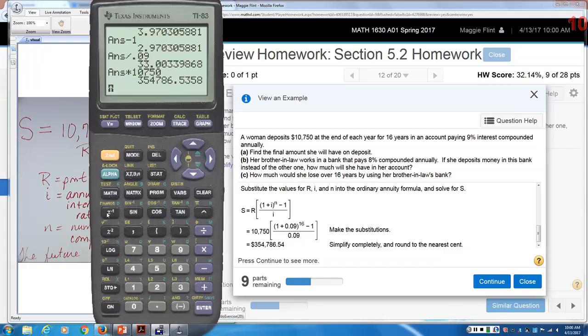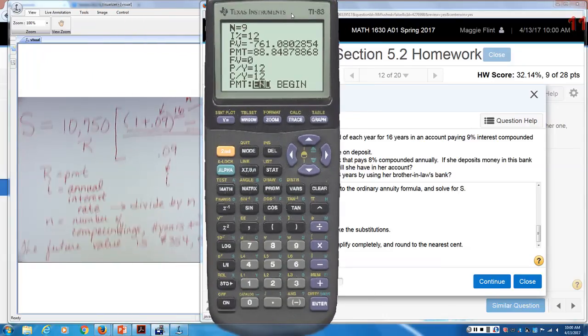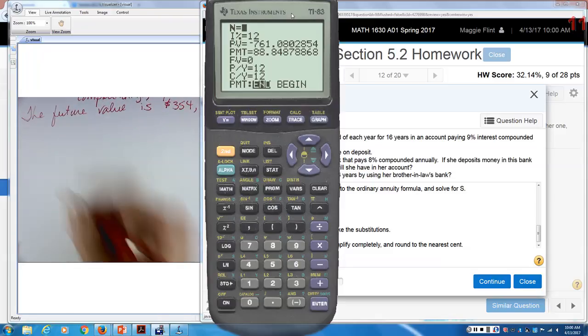Go ahead and go to your finance formulas, go to your solver. And I'm going to add some notes here for the solver. So you want to write these down.